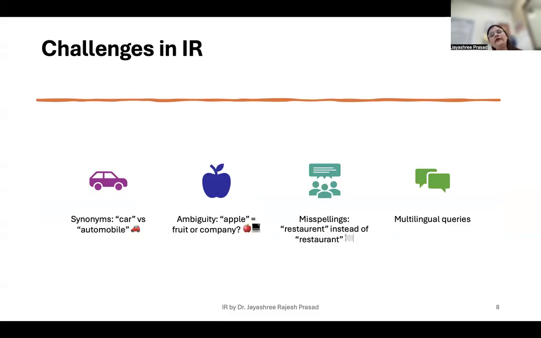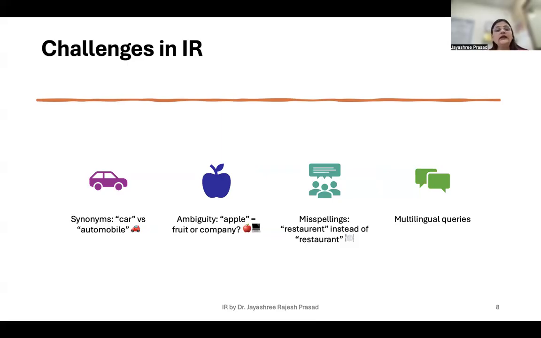Let's consider the difference between IR and NLP, because we have been discussing natural language processing throughout this series. A natural question comes to our mind: how is information retrieval different from natural language processing? So here is a key point. Information retrieval is about finding documents, and natural language processing is about understanding meaning.